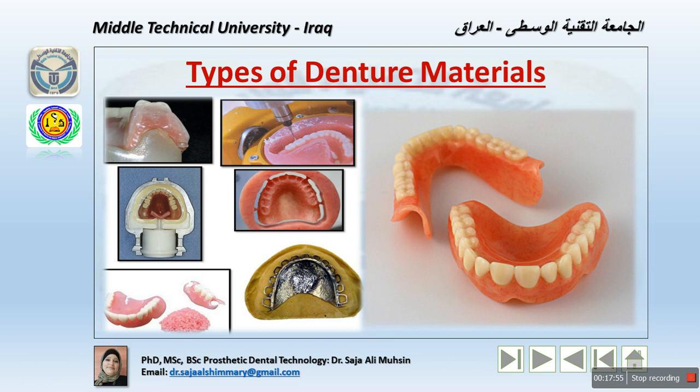For example, if you are using a water bath and elevating the temperature to 100 centigrade within probably 15 minutes, this will lead to evaporation of all the monomer within the resin, leading to gaseous porosity, and this can easily be noticed after deflasking the complete denture or the denture base material after the flasking procedure and curing procedure.